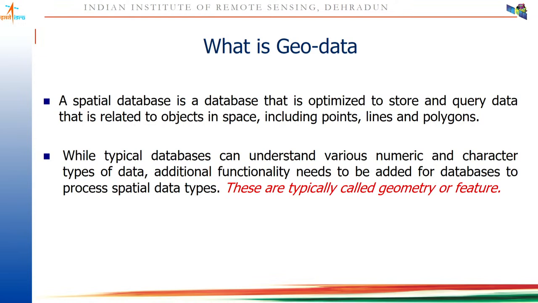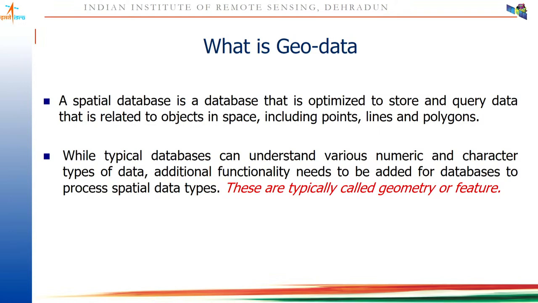But we do not have any specific data type for geodata or spatial data, where we deal with vector and raster data. If you want to store your vector and raster data inside the database management system, then you require a specific type or a specific facility to store your geometry data type into your database management system.